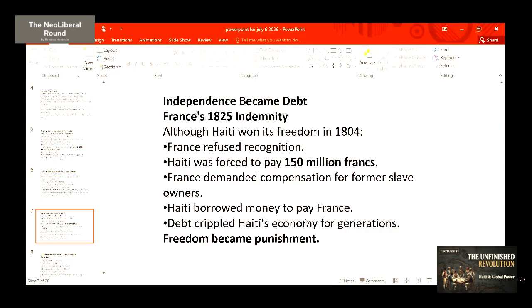And I think Haiti was trying to get back the money that they had to pay.